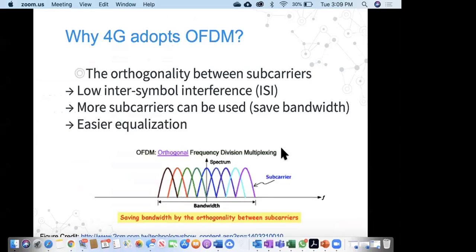Can you see my new screen? Yes, ma'am. Okay, proceed. That means you are controlling from your side, no? Only one person can present at a time, right?